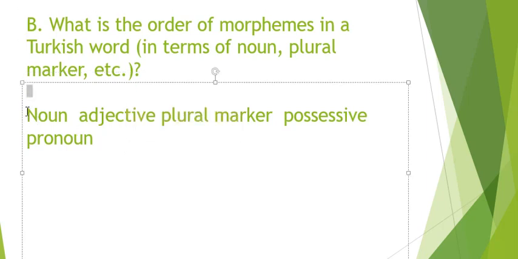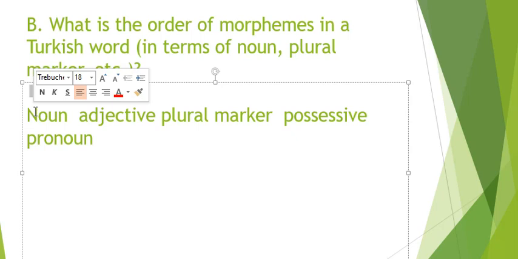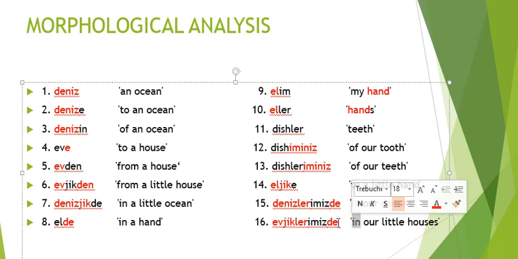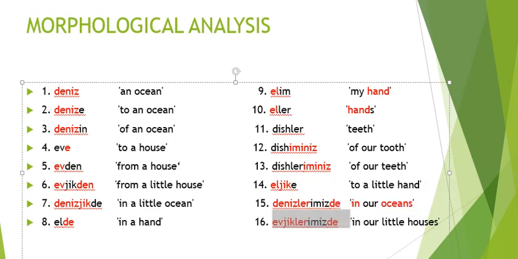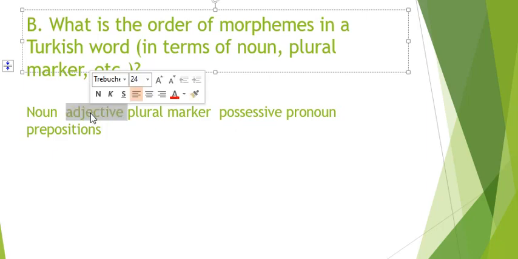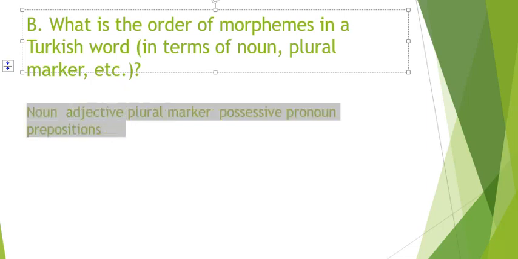Okay, after the possessive pronoun, we have the preposition, in this case represented in den. So after the possessive pronoun, we have prepositions in Turkish. Okay, this is the representation. This is the order that we find in Turkish.